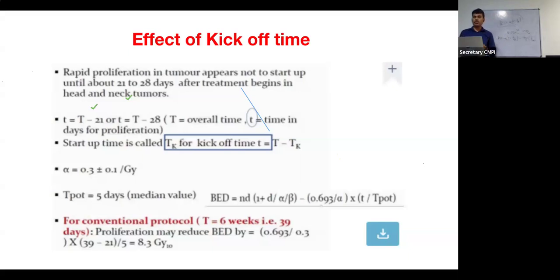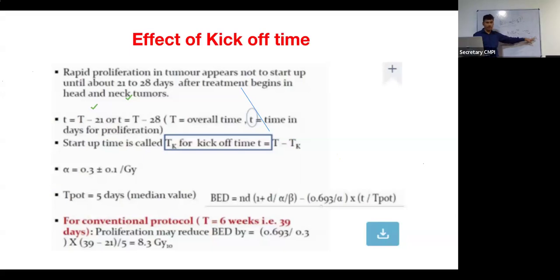So that is the importance of SRS, SRT, SBRT, hypofractionated treatment and all: there is no loss of BED because no proliferation will happen. But for conventional treatments, if it goes beyond 21 days or 28 days, whatever it is, you need to consider that. So in this equation, you can write T minus Tk. T is the total duration of the treatment and Tk is the kickoff time.